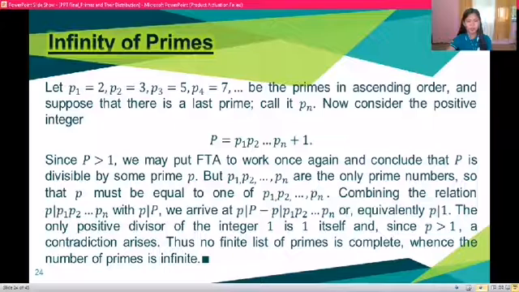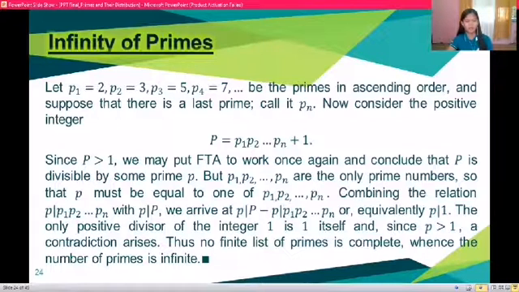The only positive divisor of the integer 1 is 1 itself, and since p is greater than 1, a contradiction arises. Thus, no finite list of primes is complete, whence the number of primes is infinite.